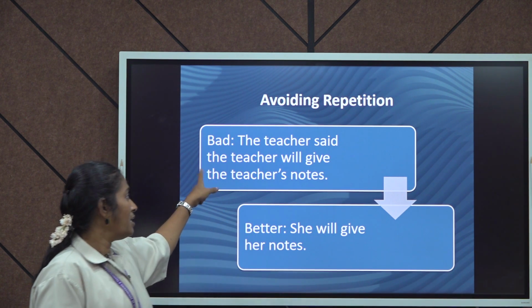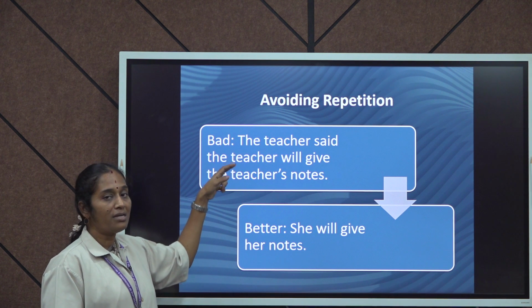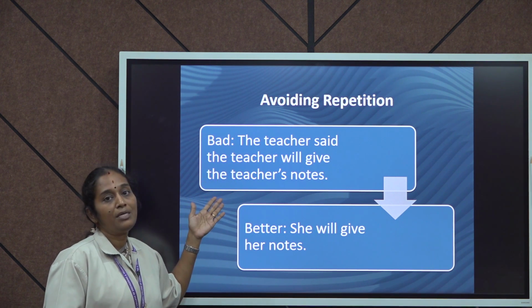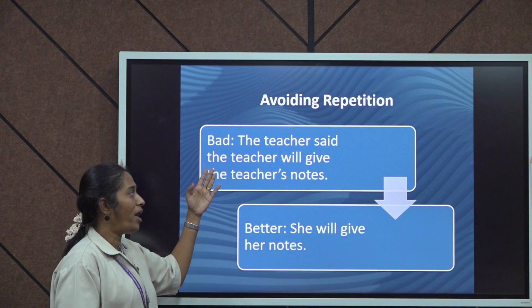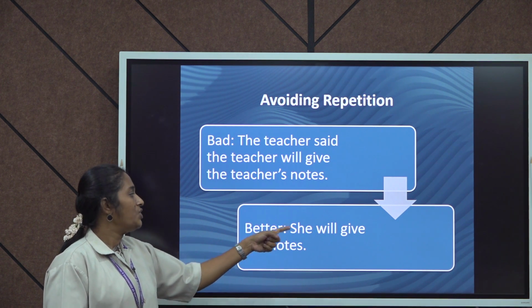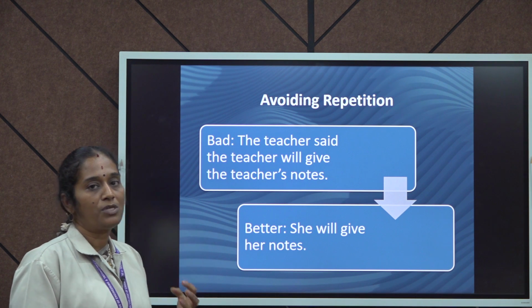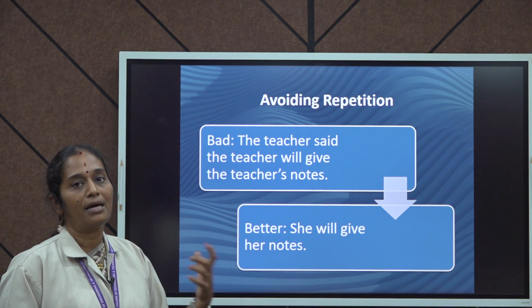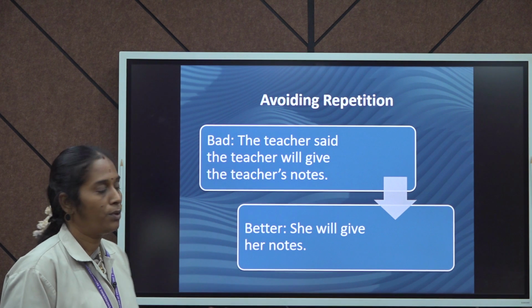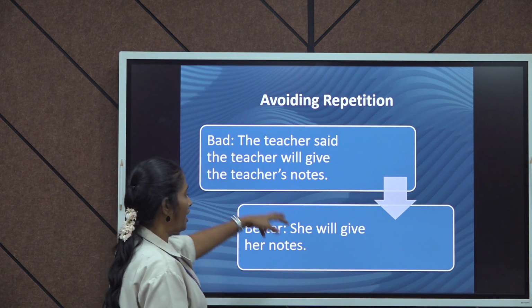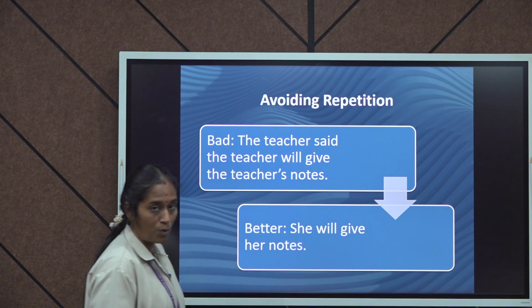Likewise I have used here the teacher. Here the word teacher is used in three places. In order to avoid that, very well we can say, she will give her notes. Instead of repeating the names or the subject again and again, we can very well use a pronoun. That is why, instead of teacher, I have used she here. I move on to the next slide.